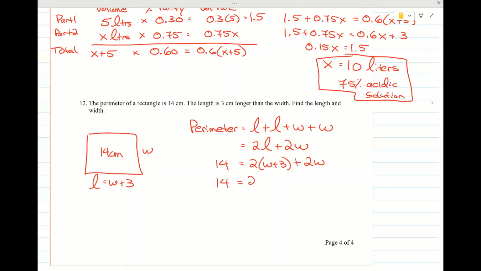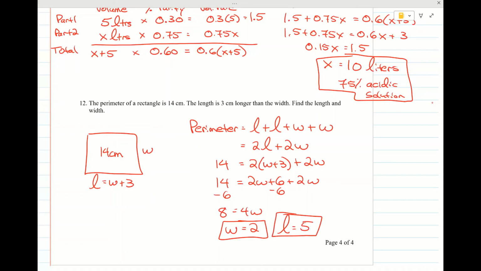So 14 is equal to 2W plus 6. And then bringing our 6 over, we get that the width is equal to 2. And if the width is 2, we were asked to find the length. Remember, the length is 3 more than the width, so that would mean the length is 5 centimeters long.